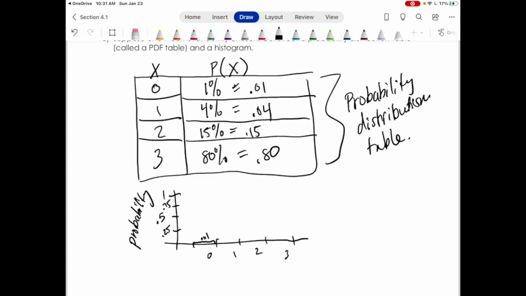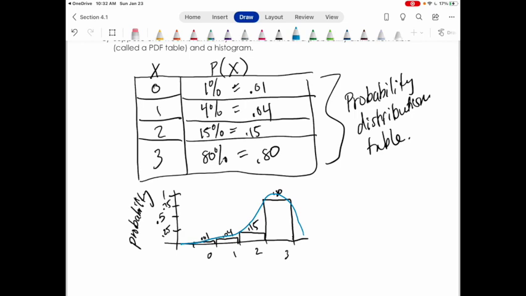So this has a really small bar. The chance of her attending class only 1 time during the week is 0.04. The chances of her attending class twice a week is 15%. And then the chances of her attending classes all 3 days is 80%. So here's what our probability distribution looks like.